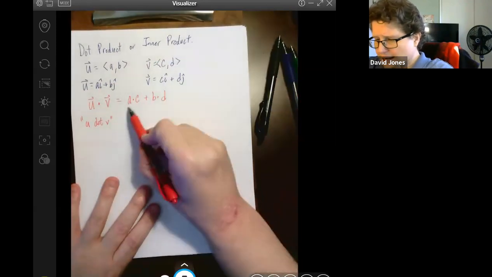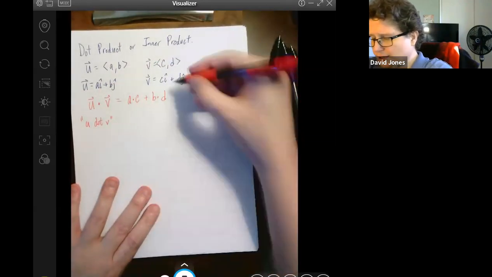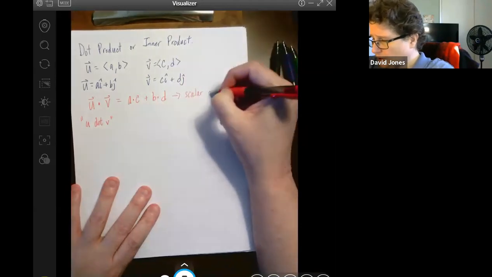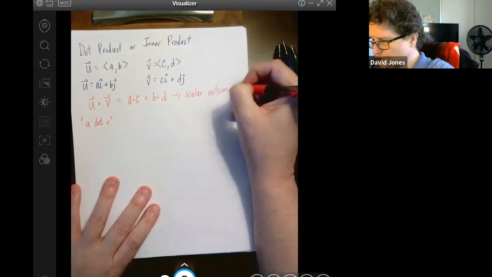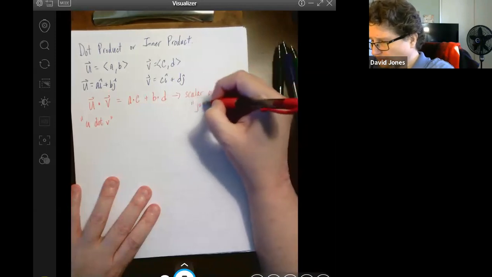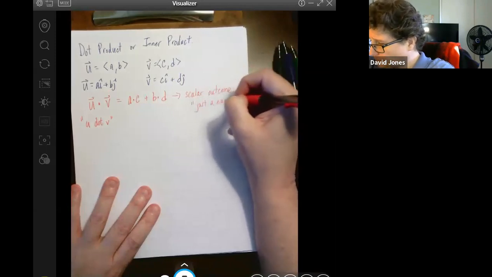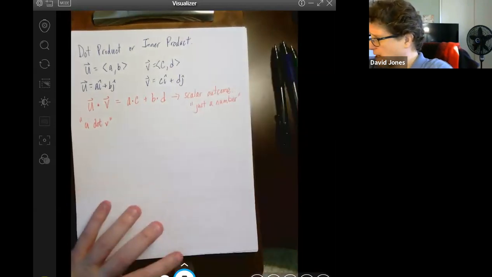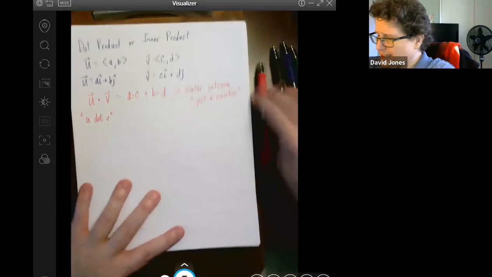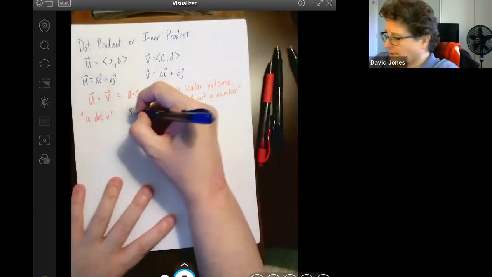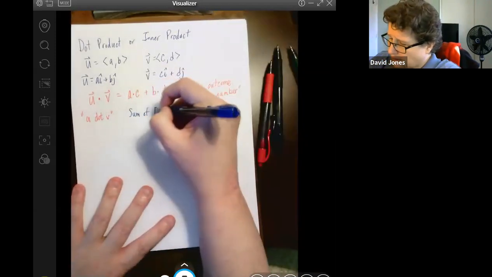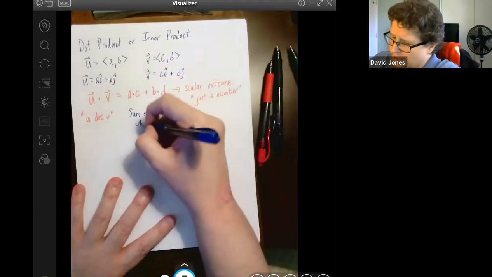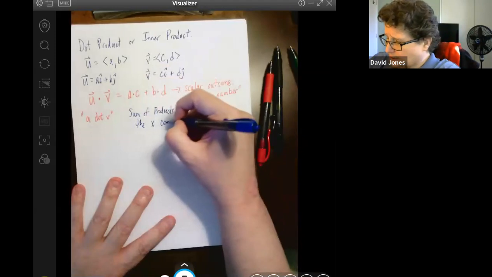Note, neither of these are vectors. This is a scalar outcome, or just a number. And the idea of it is it's the sum of the products of the x components and y components.